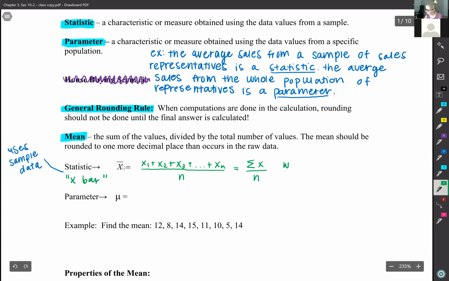And then it's important to note that n is the total number of values in the sample.